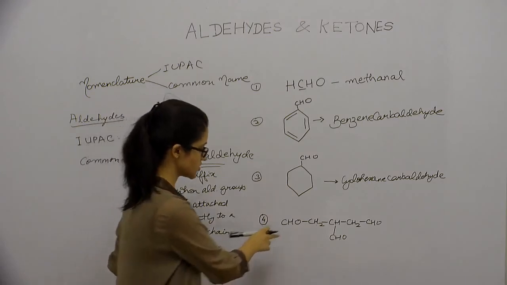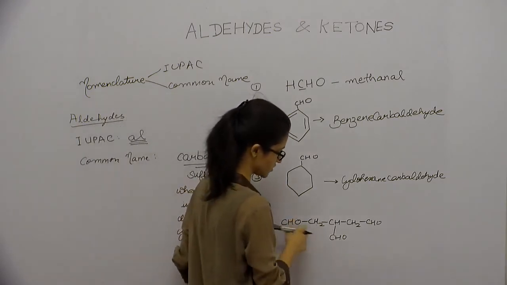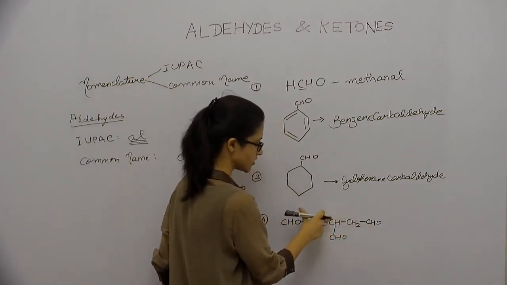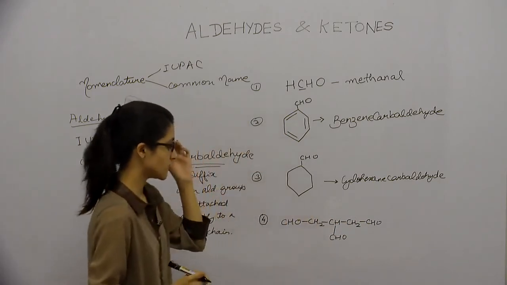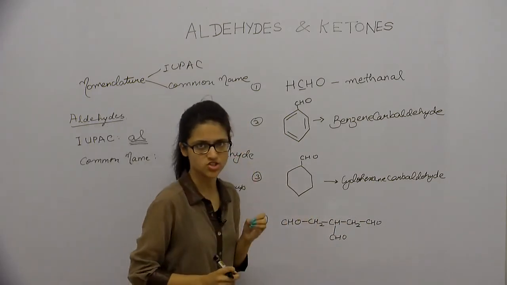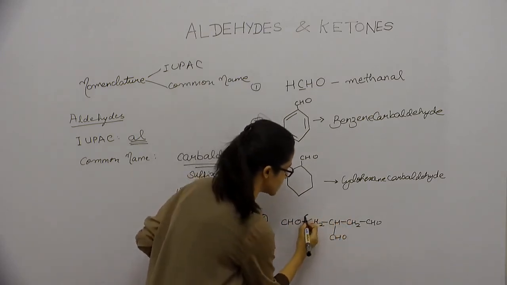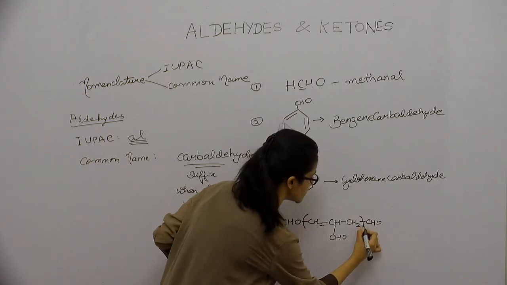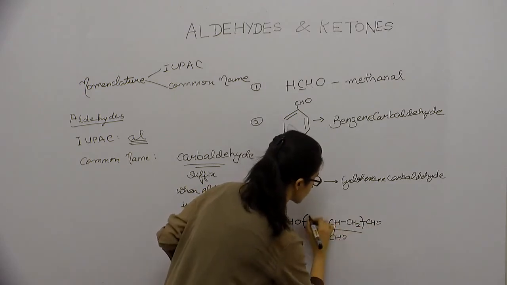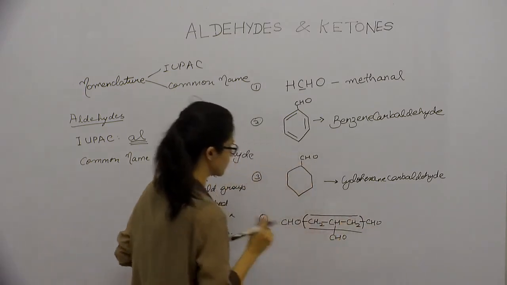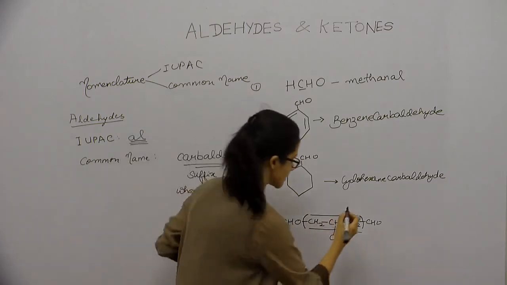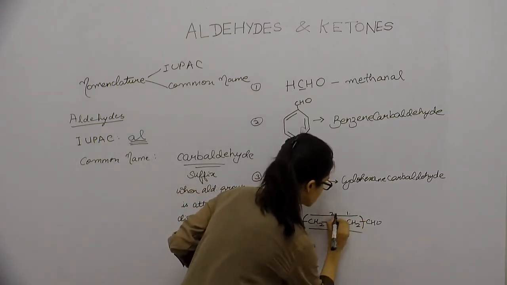Alright, so here we have 3 CHO groups, 1, 2, 3, and we've got a 3 carbon chain. So first we need to realize what is the main chain, right? So we'll take these 3 carbons to be in the main chain. Alright, so we've taken an interesting way to name this. This is taken as 1, 2, 3.